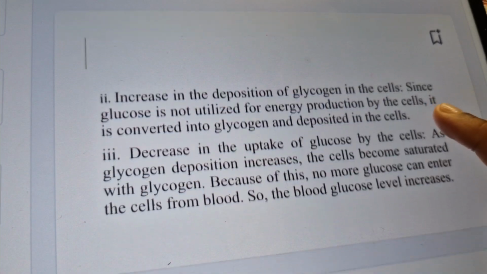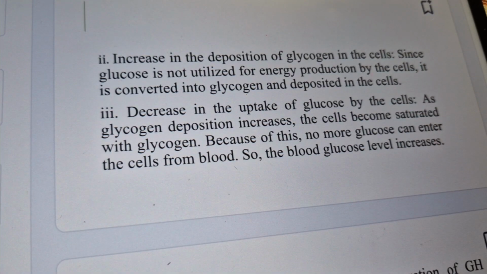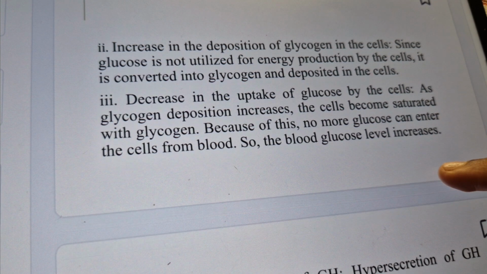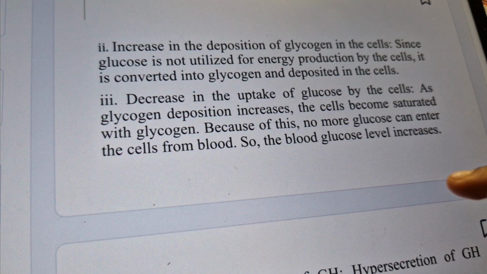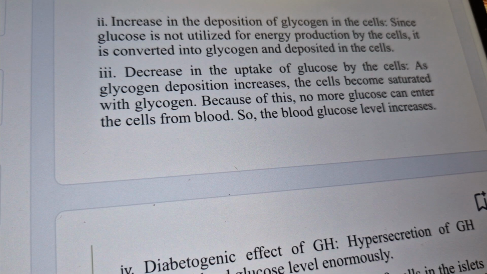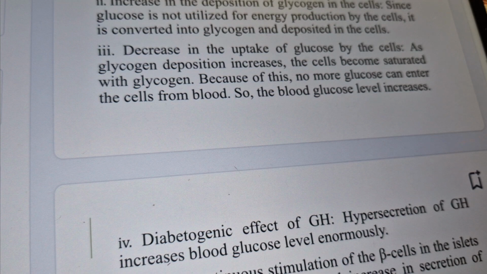Next, there is an increase in the deposition of glycogen in the cells, because all the glucose is not utilized by the cells, so glycogen is formed and deposited in the cells. With decreased uptake of glucose by the cells, glycogen deposition increases and the cells get saturated, because no more glucose can enter the cell from the blood.